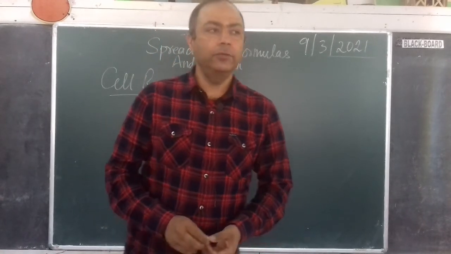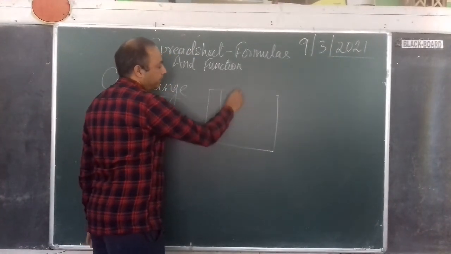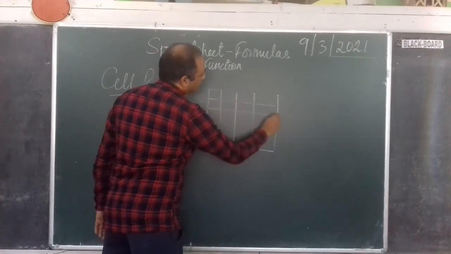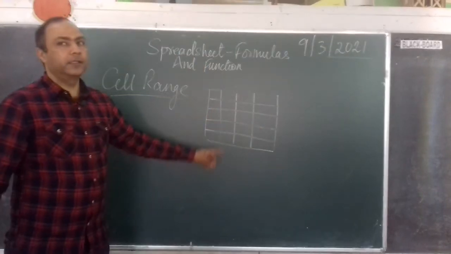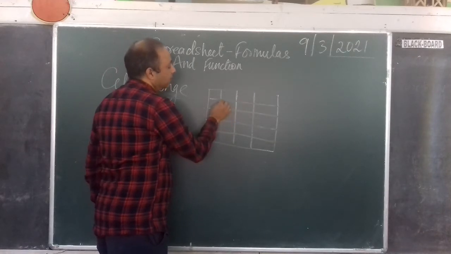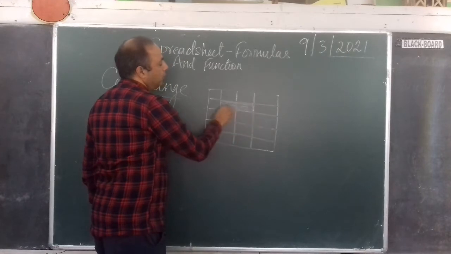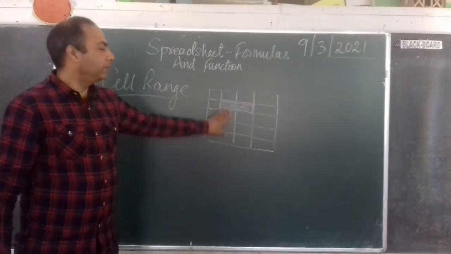As you know, a spreadsheet is made up of rows and columns. Now, if I take this block of individual cells, suppose this block involves two cells.